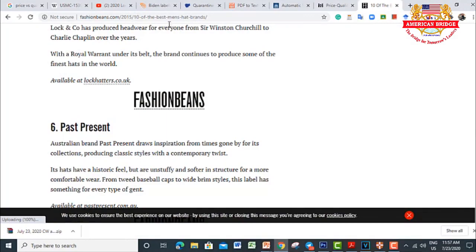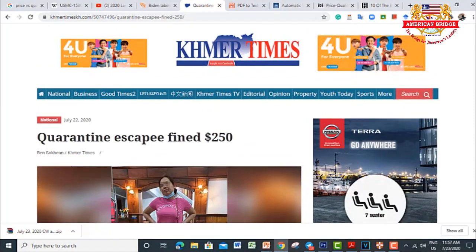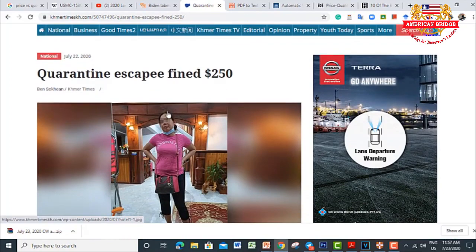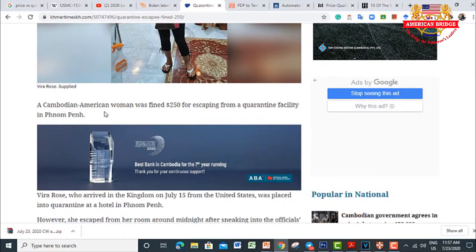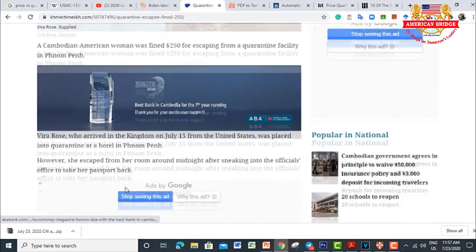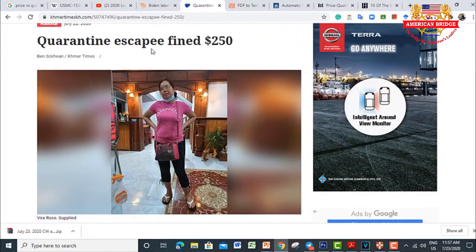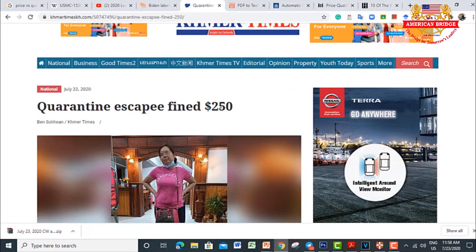Teacher normally reads the Khmer Times. To improve your language, you can also read here without any obstacle, everyone. Don't think that every word will be hard for you. Just think that later on you will know it. Keep in mind to repeat it again and again, read it day by day. So when you read it, you see the headline: quarantine escape fined $250. Finally, the police fined her only $250 for escaping from the quarantine area.